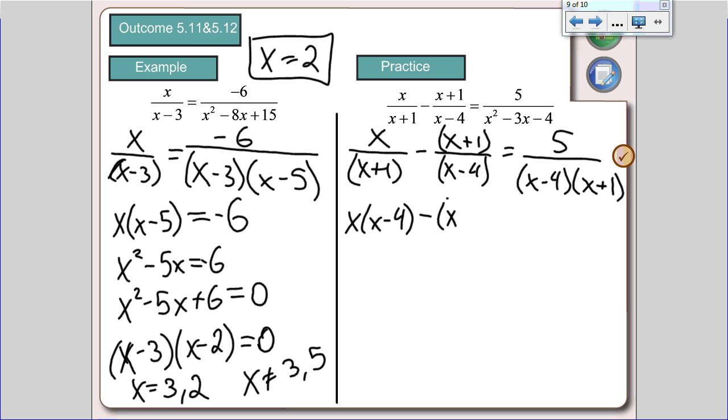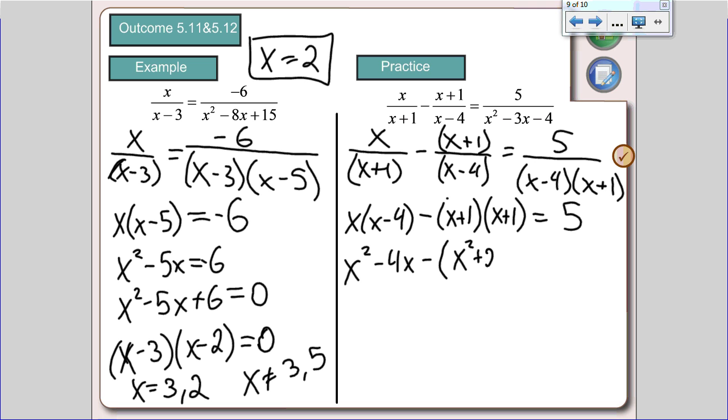FOIL, we're going to get x squared minus 4x minus, put it in brackets, x squared plus 2x plus 1 equals 5. I put that in brackets because you need to remember that negative goes to everything.